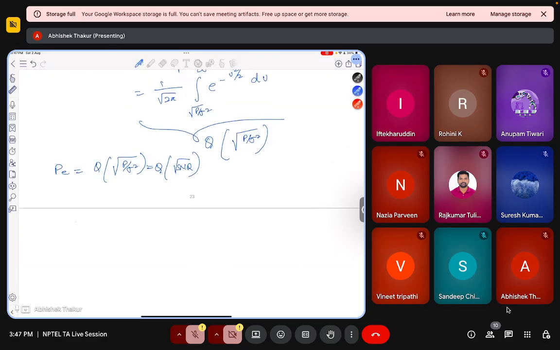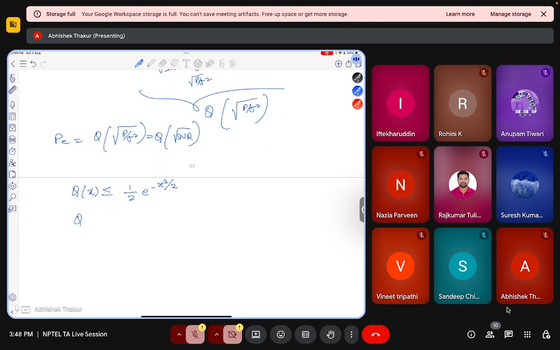Now for the approximate equation, Q of x is always less than half e to the power of minus x squared by 2. So this is just for approximation. We can write it as equivalent to half e to the power of minus x squared by 2 when the SNR is large.